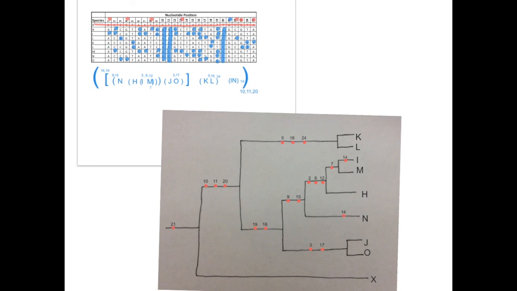Now we'll just go through one at a time with the remaining trait numbers and assign them to their appropriate species.